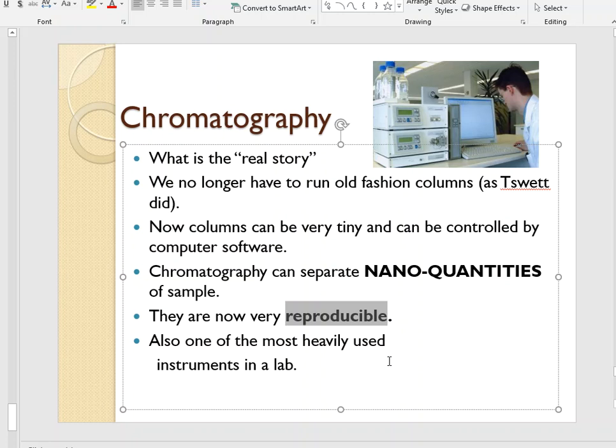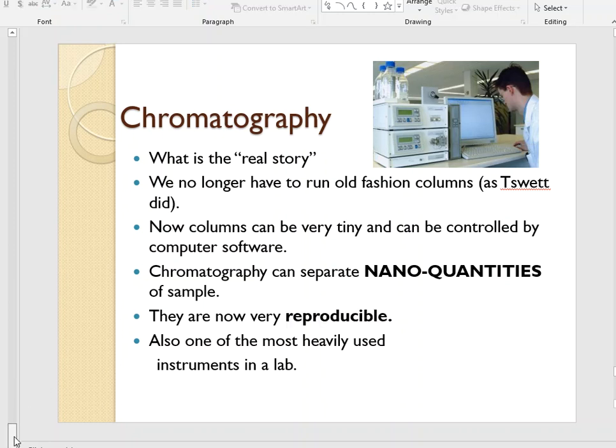And they have sunk in anywhere between $50,000 to $80,000 per instrument because of the capability that they need. So tons of money gets wrapped up in this type of instrumentation. And again, we want you to feel very comfortable with working with the chromatography systems before you leave this class.